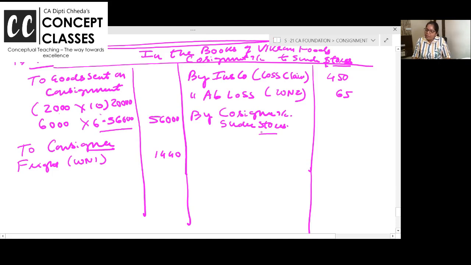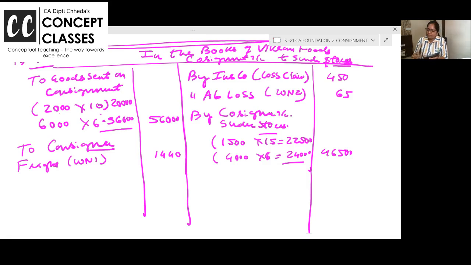What is the sales? How many are sold? 1500 tins of 1 kg, selling price 15, and 4000 tins of half kg, selling price is 6. 1500 into 15, 22,500. 4000 into 6, 24,000. 46,500.